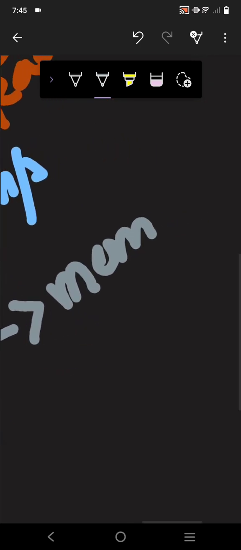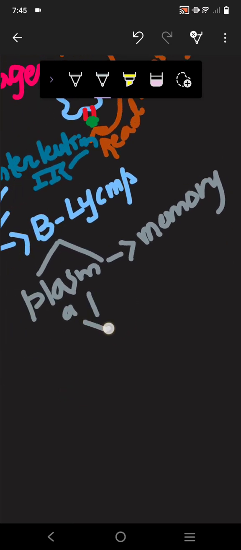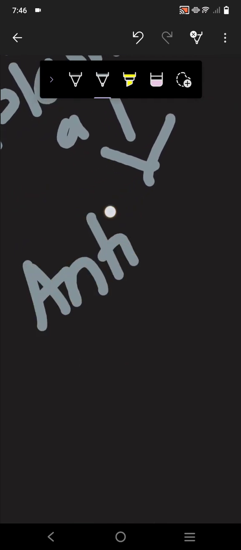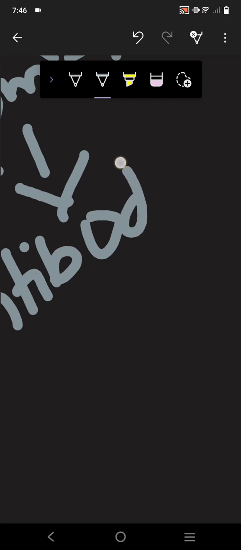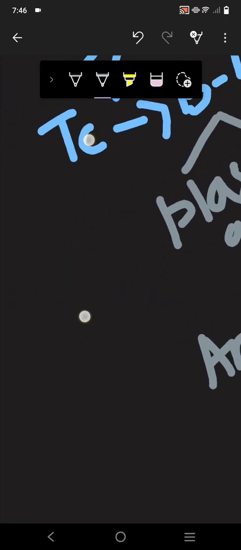Memory cells keep the record of that antigen, and plasma cells make the antibodies, the production of the antibodies.